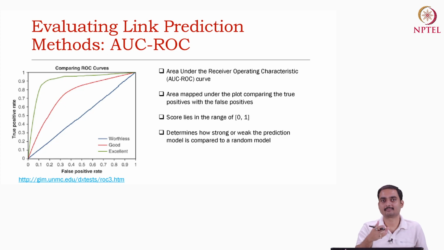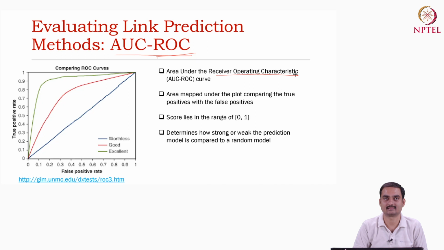But there are even more sophisticated measures, right? This measure is often used in information retrieval, even in classification as well. This is called AUC ROC. The full form of ROC is receiver operating characteristic curve.